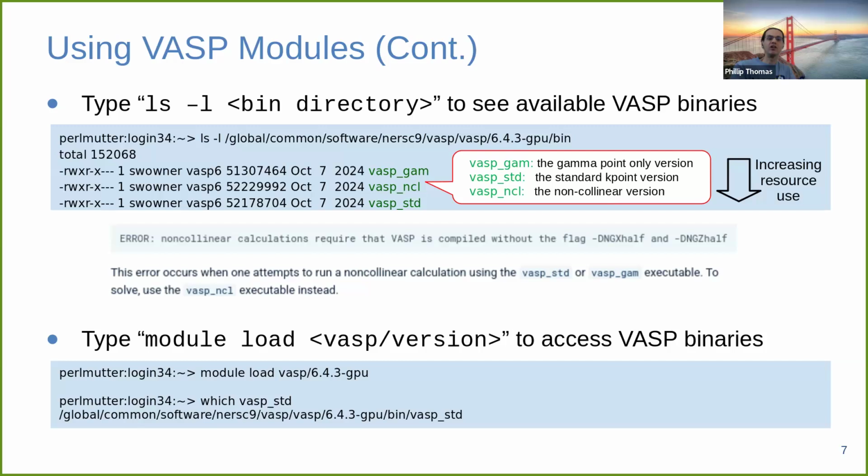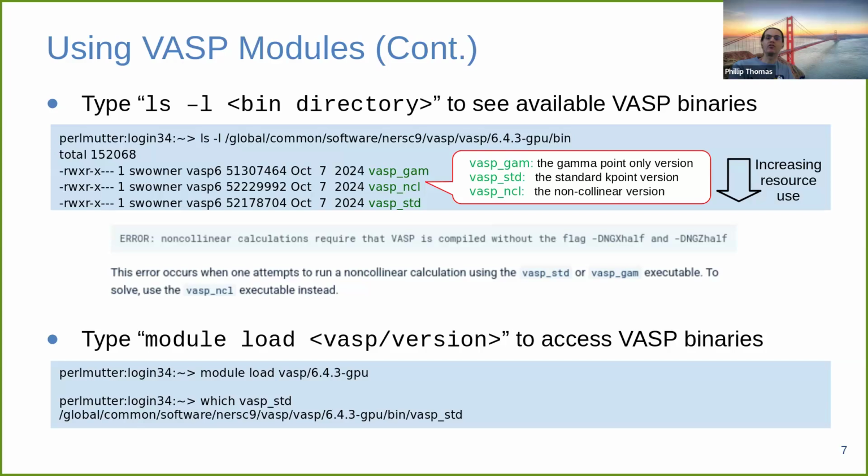And doing this throws this message: error, non-collinear calculations require that VASP is compiled without these two flags. So this is an indication that you're not calling the non-collinear version that NERSC actually built and included in the module. So the only thing that a user needs to do is just switch the executable that you're calling in your job script.